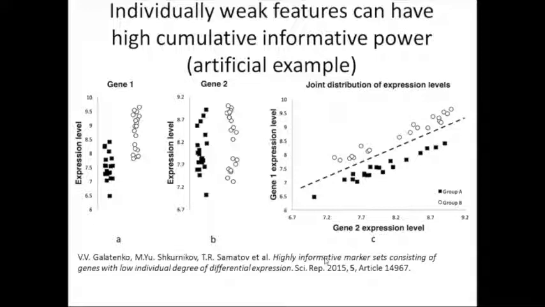Exhaustive analysis of pairs proved that the informative power or quality of a gene signature does not depend only on the individual informative power of genes comprising the gene signature. So the informative power of a gene signature is not a simple sum of informative powers of genes comprising this signature.